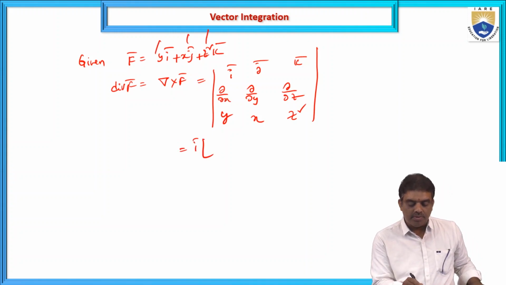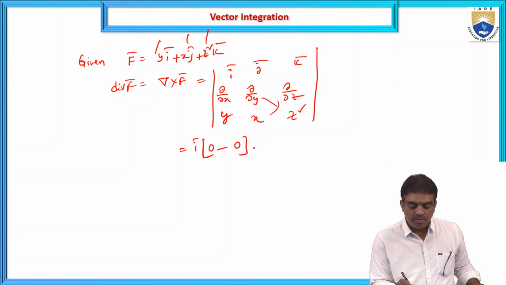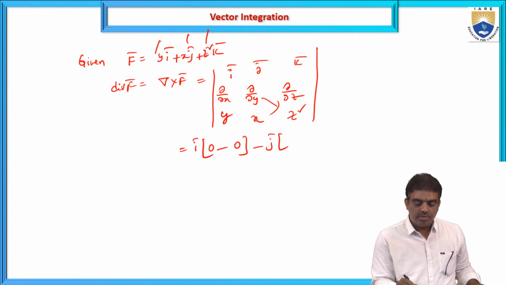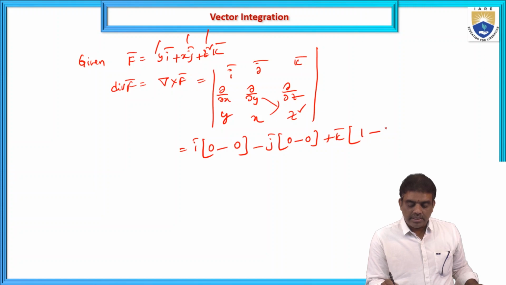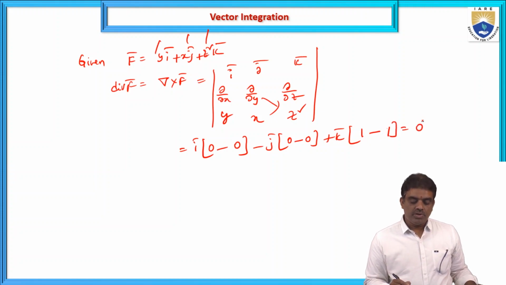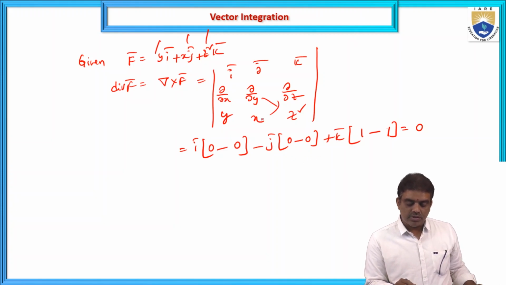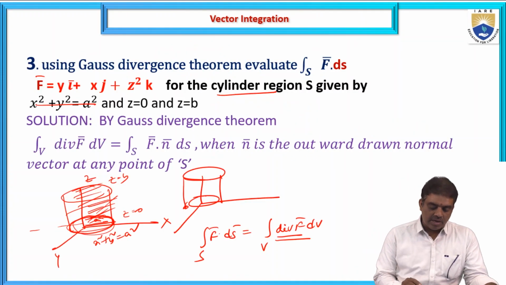So i bar into dou by dou y of z square is 0, minus j bar into dou by dou x of z square is 0, plus k bar into dou by dou x of x, which is 1, minus dou by dou y of y, which is 1, that is 0. We have to evaluate using the Gauss divergence theorem the div f bar, not curl f bar.